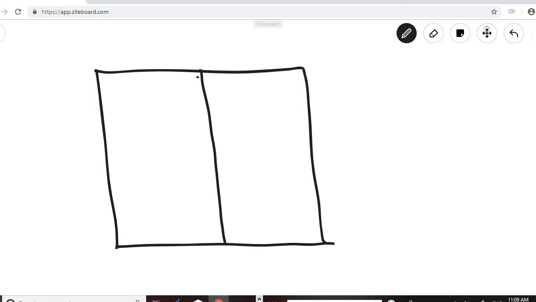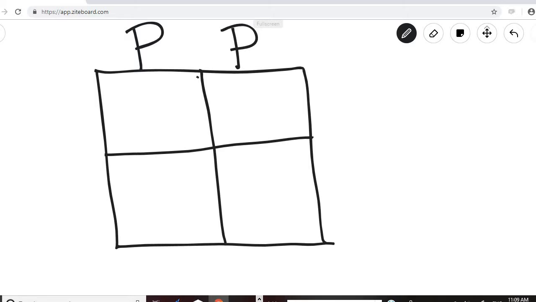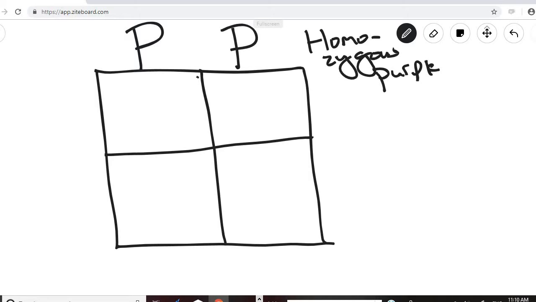So here's our square, and the homozygous purple plant would be capital P, capital P. And then we'll put the other plant's genotype on the other side.